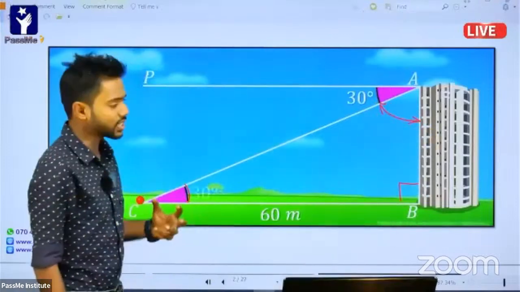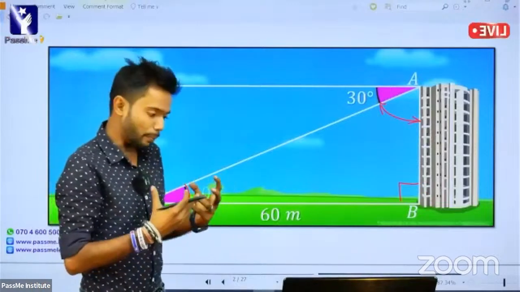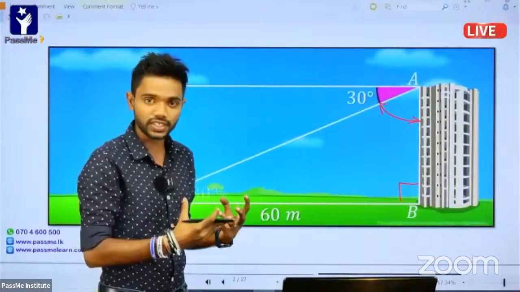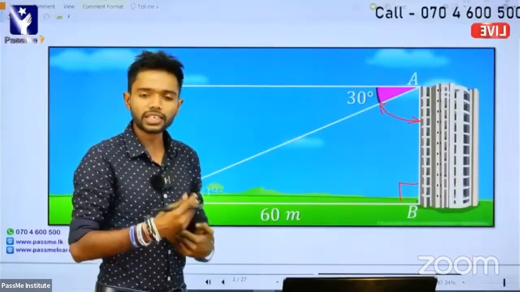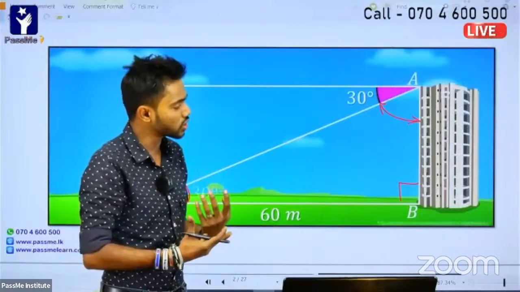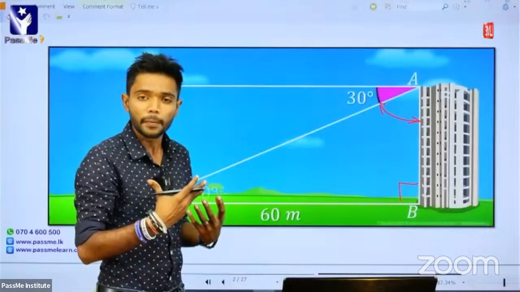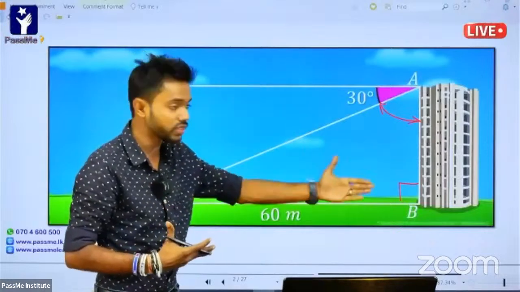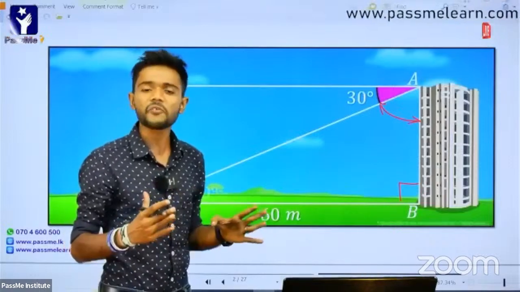So likewise, if you can visualize practical type questions like this, and if you can convert these practical questions to the 2D plane with the help of the right angle triangle, the others are very simple, right?